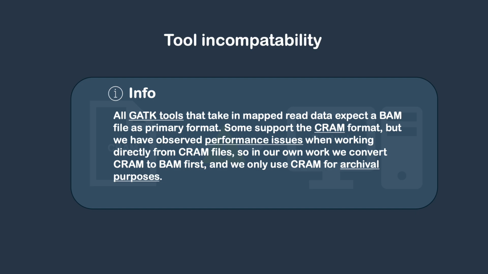Some support the CRAM format, but we have observed performance issues when working directly from CRAM files. So in our own work, we convert CRAM to BAM first, and we only use CRAM for archival purposes. And I think the main takeaway from this is that you should use BAM files for downstream analysis and CRAM files for long-term data storage and archiving.